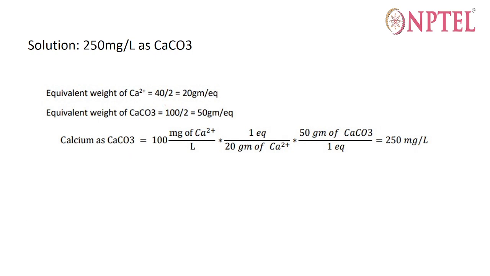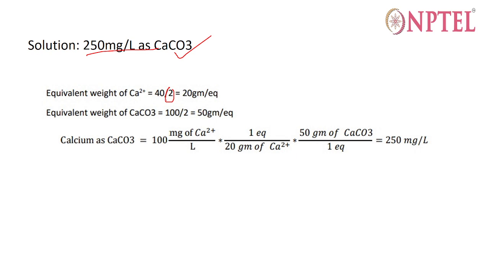So 250 mg per liter as CaCO3 is the correct answer, but I will suggest Priya to change your method a little bit. You have given the correct answer, no problem. Here it's correct because in case of calcium, and also calcium carbonate, we are getting 2 as the charge.